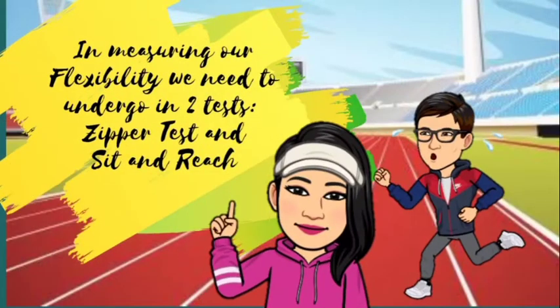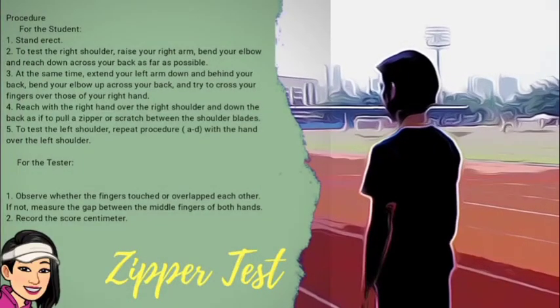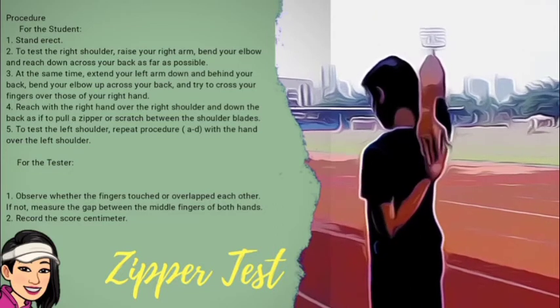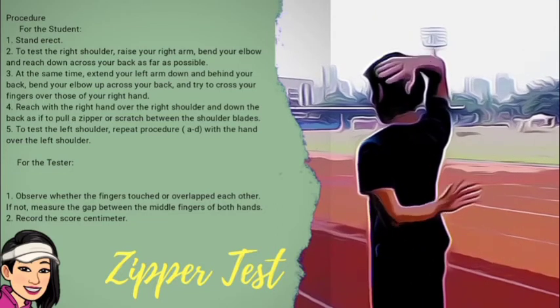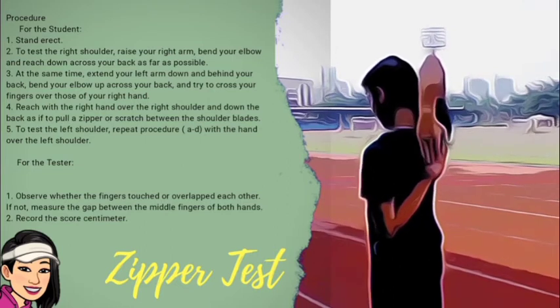In measuring our flexibility, we need to undergo two tests, the zipper test and sit and reach. Watch this video. For the performer, stand erect. Raise your right arm, bend your elbow, and reach down across your back as far as possible to test the right shoulder.